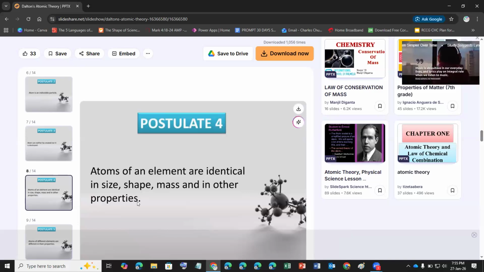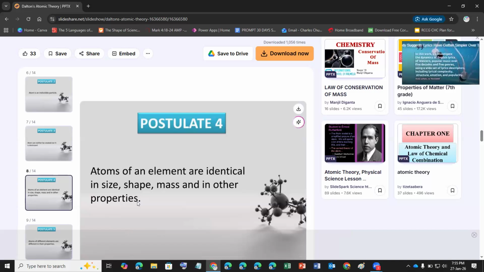You can only find one type of atom of iron, for instance. You can only find one type of atom of chlorine. And let's even look at carbon. You can only find one type of atom of carbon.